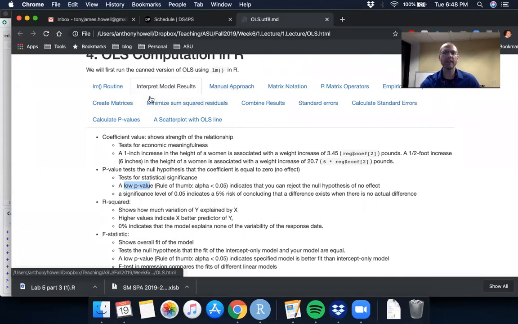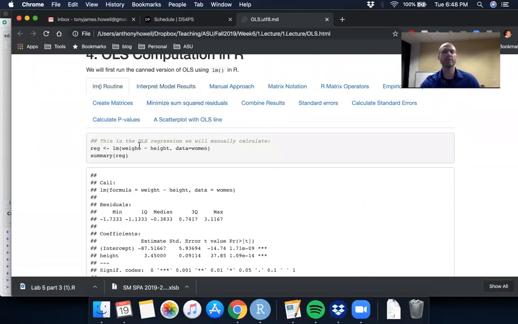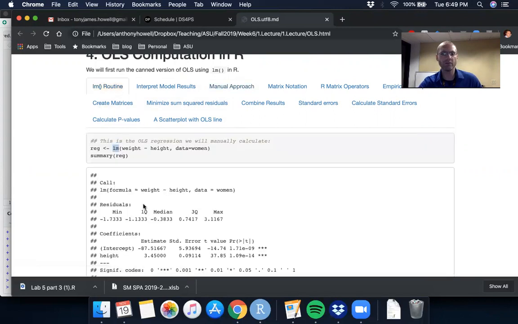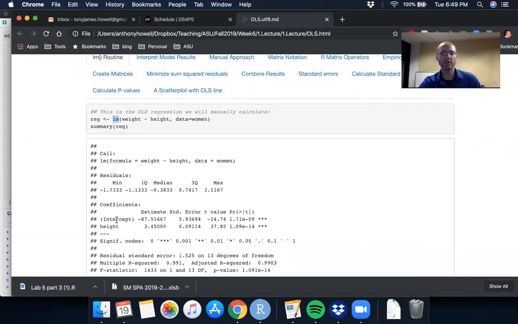So okay, that's the canned approach using the LM canned routine. If we wanted to see what's actually going on here, we could look at the function, what's inside LM. But I want to give you another approach where we can estimate the beta coefficients for the intercept parameter and also the slope parameter, which is the beta coefficient on height.